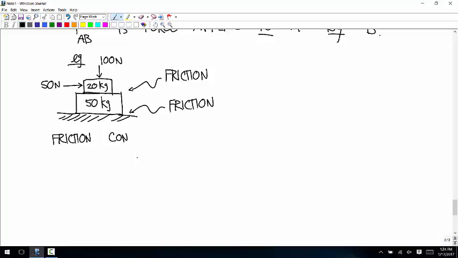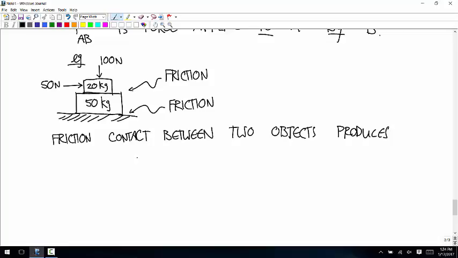Friction contact between two objects produces a contact force with an unknown direction.